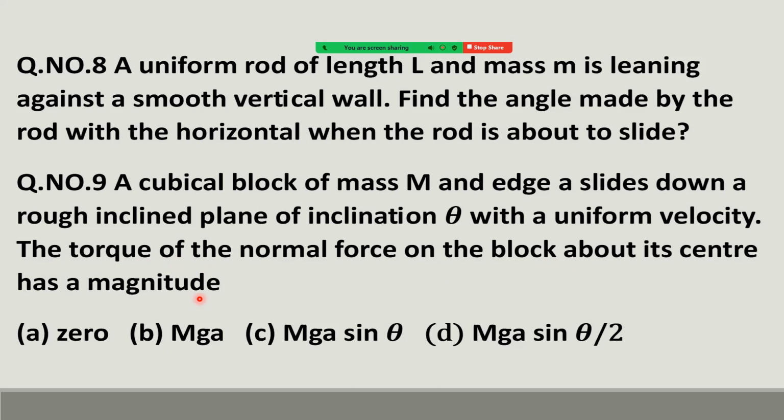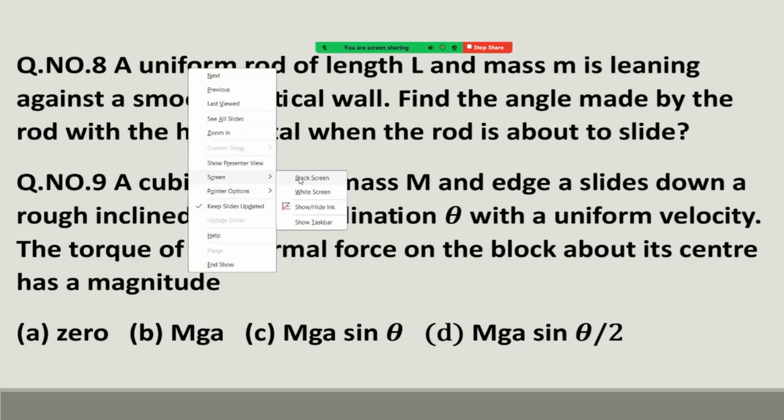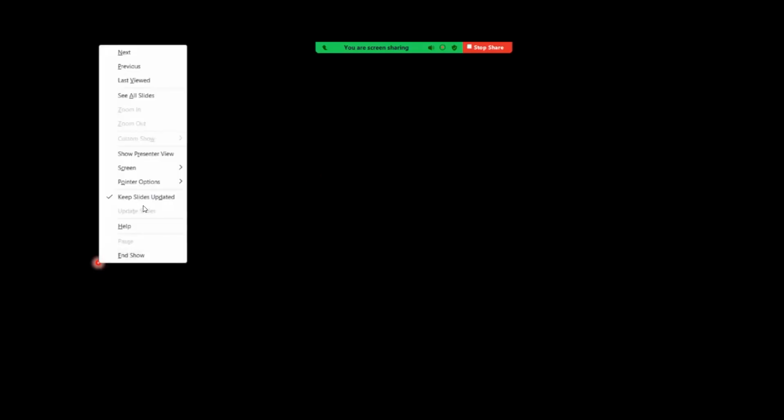So this question is taken from HC Verma. We can see how to start the problem. The key point is the block moves down with a uniform velocity. So calculating torque of normal force about its center. Right, let us see how to start the problem.